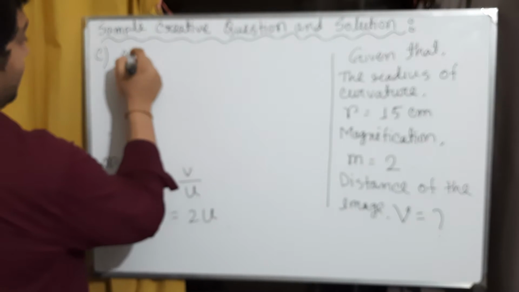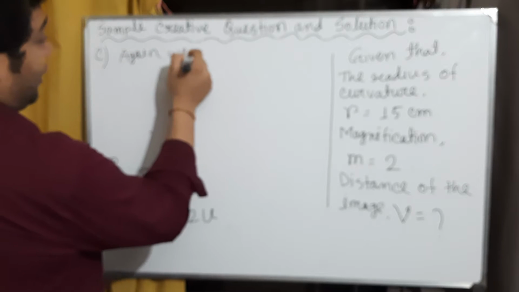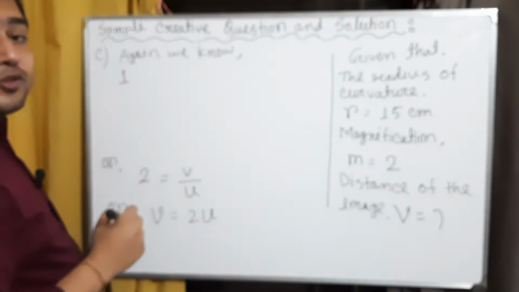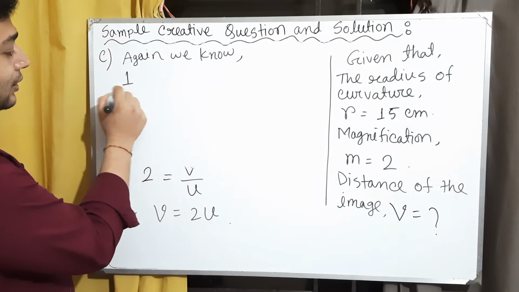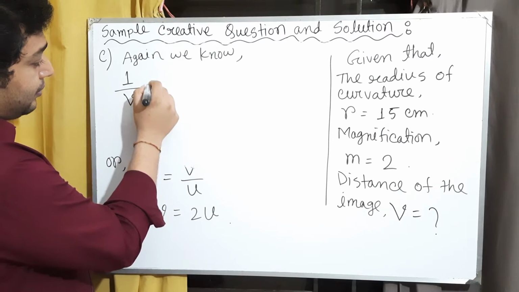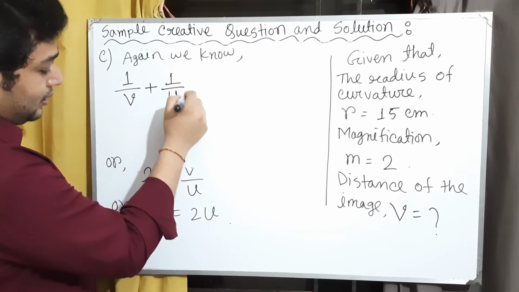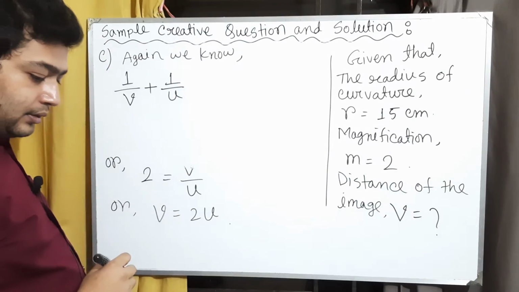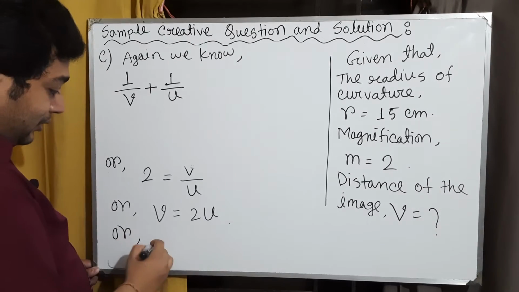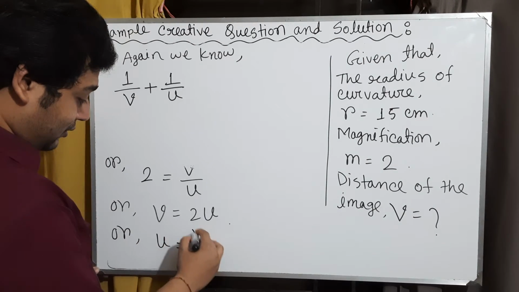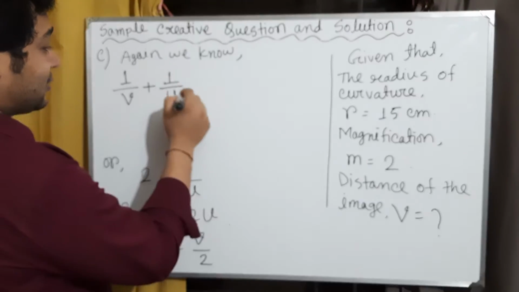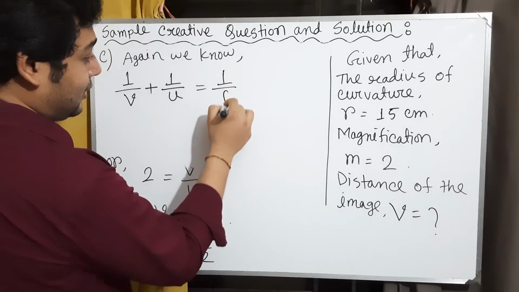Again we know the general equation of mirror: 1 by v plus 1 by u equal to 1 by f.